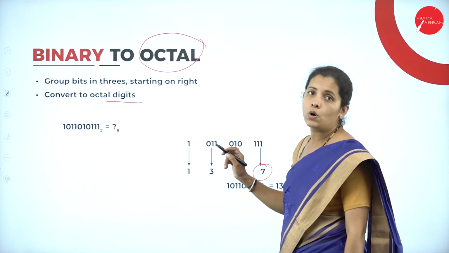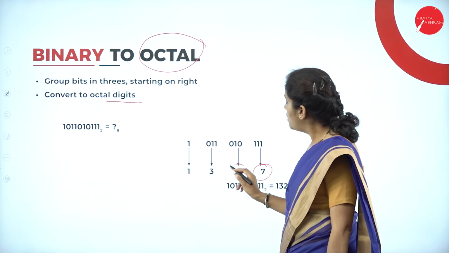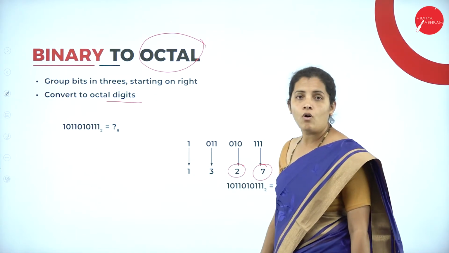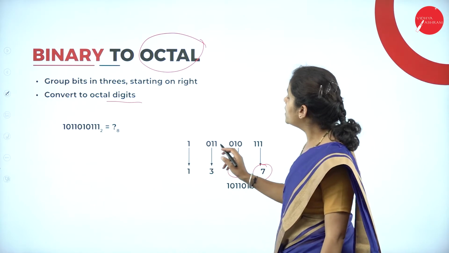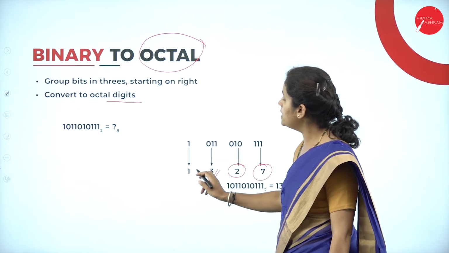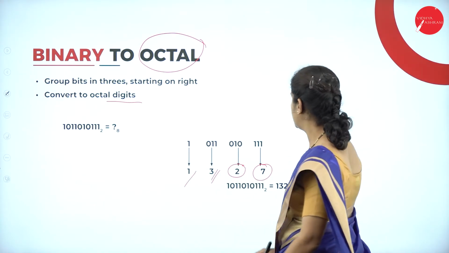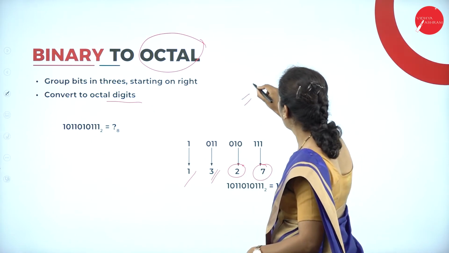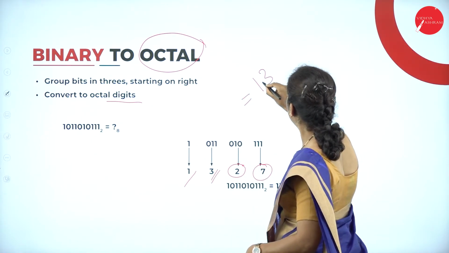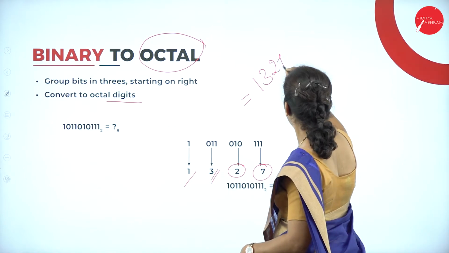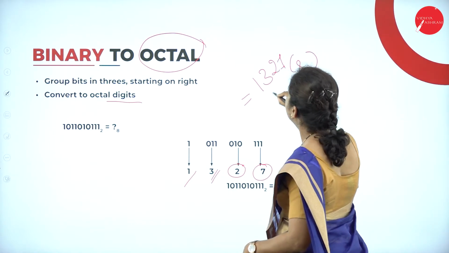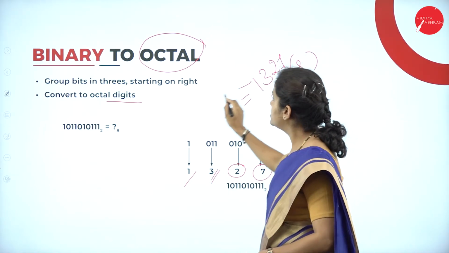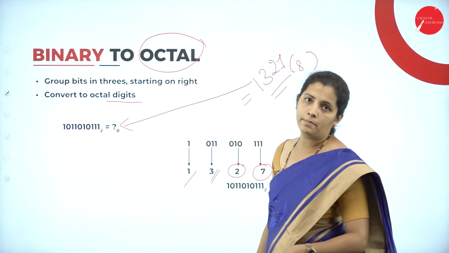Here 0, 1, 0. This is the octal representation of 2. 0, 1, 1, it is 3, and 1, it is 1 as it is. Now I'm going to write all these values together. So this is the octal representation of this binary number.